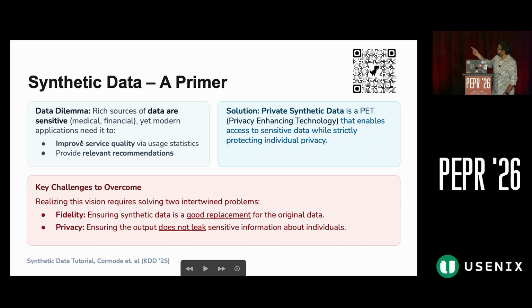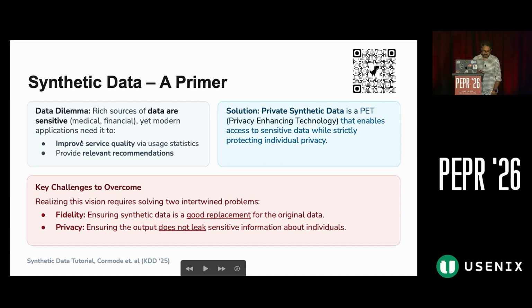I have a QR code here. This is for a synthetic data tutorial we ran at Gade last year, which is a very comprehensive survey on synthetic data. I would recommend and encourage people to go through that. But a very, very quick summary of why we need synthetic data is that there's a whole bunch of data sources that are extremely sensitive, and you're not allowed to use or share them without any additional protection, right?